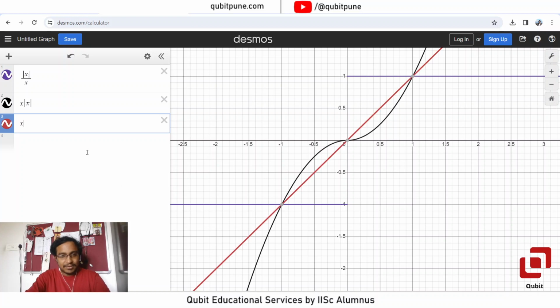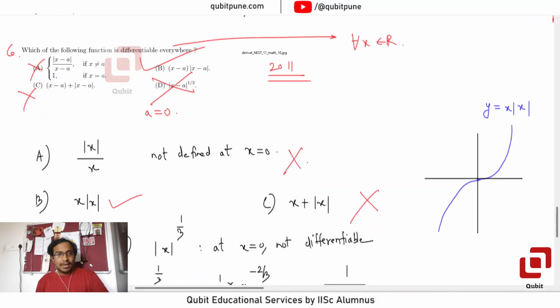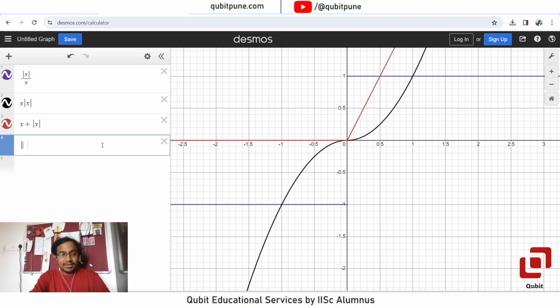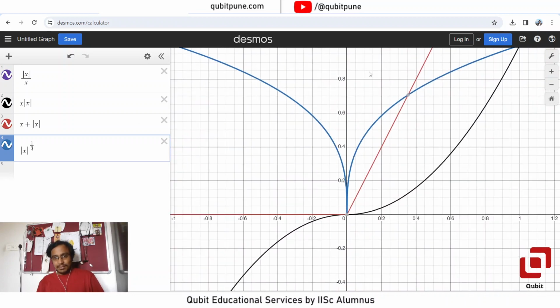X plus mod x, no, that's the red one, it is 0 for negative values. And mod x raised to 1/3. This is the derivative.